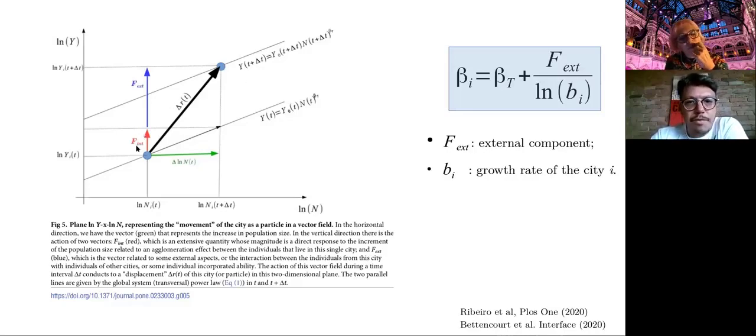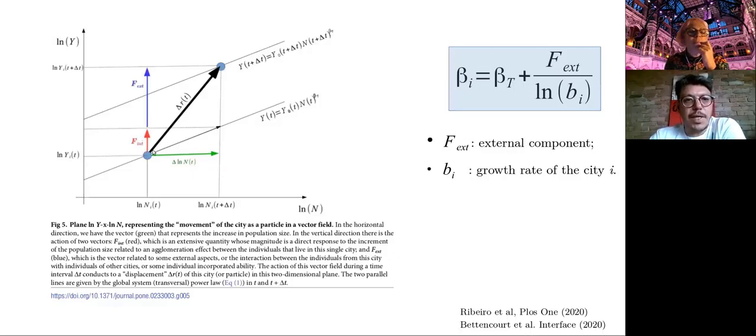Here you have a vector field that moves the city from this point to another point in time. This vector I know, and this vector I also know, but I don't know these two vectors here.